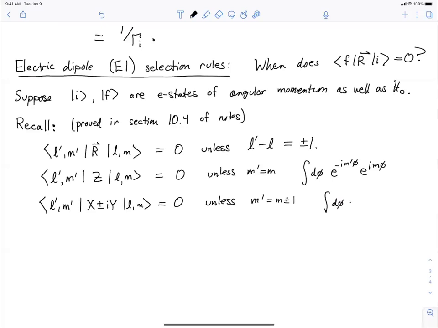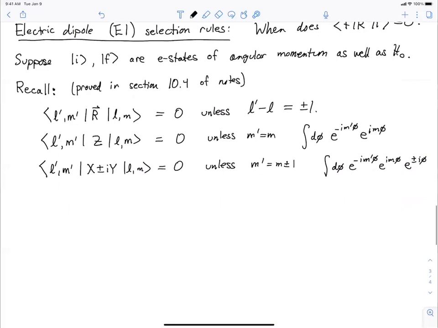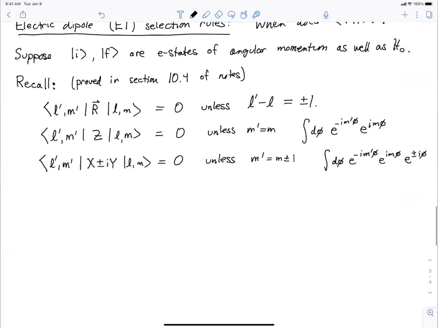The final state has that factor, the initial state has a factor e to the i m phi, and x plus or minus iy has a factor e to the plus or minus i phi. The bottom line is we have all these rules that tell us we don't need to bother trying to compute it unless these are satisfied. What you don't want to do is write down a big, huge integral expression and only much later realize, oh, this thing just vanishes, maybe just because of the phi integration, for example.